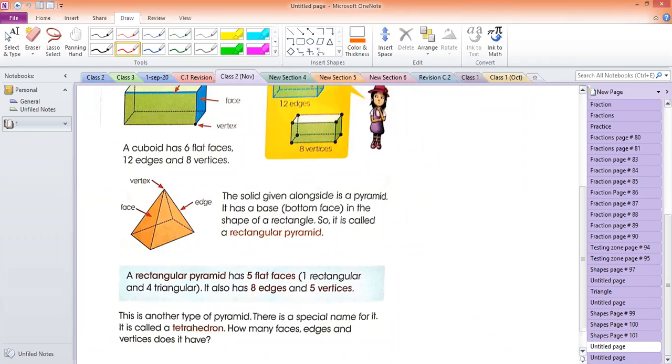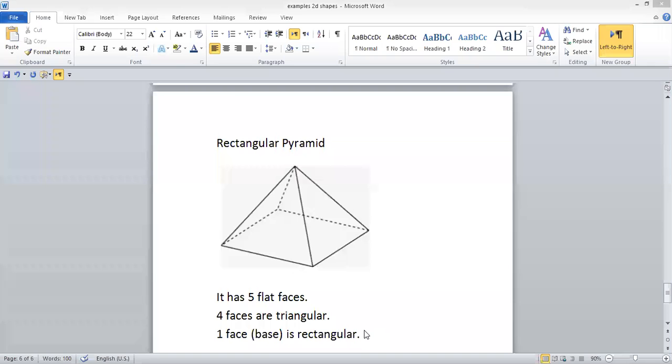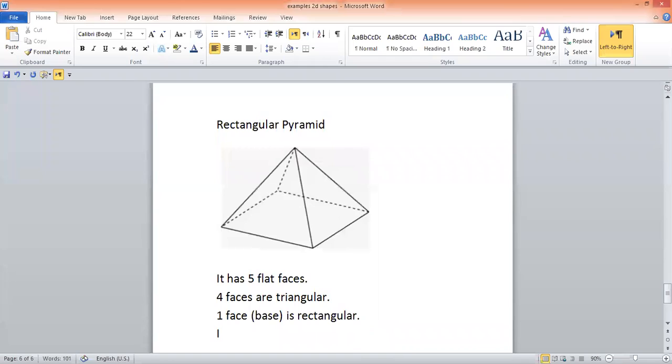I can come here to the file and I can write it has 8 edges. You can check in this also. 1, 2, 3. This triangle 3, 4, 5.